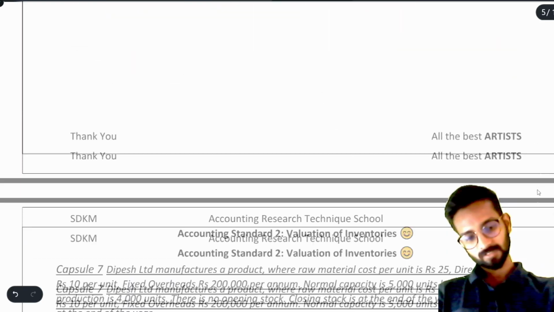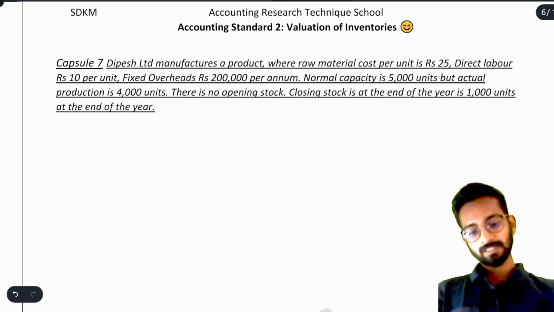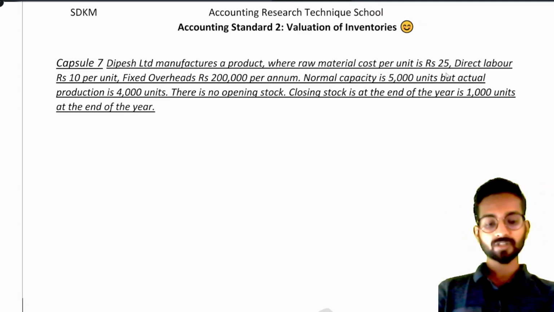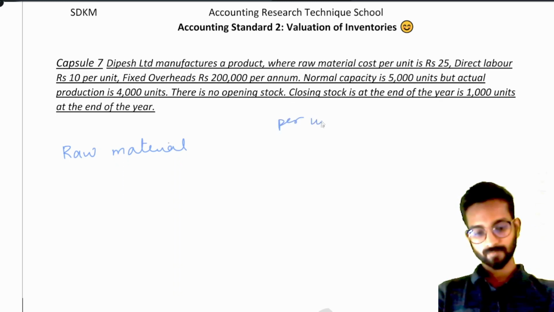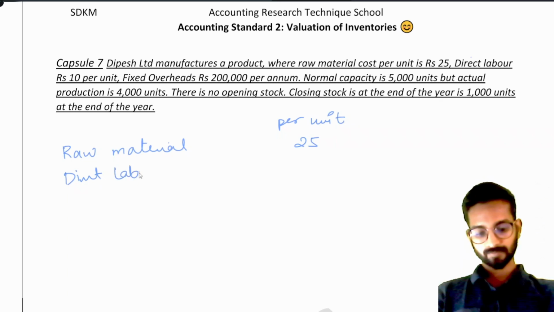Capsule number 697. See, Dipesh Limited manufactures a product where raw material cost per unit is 25. Then direct labor is 10 rupees.